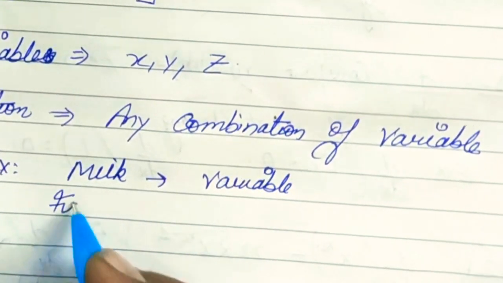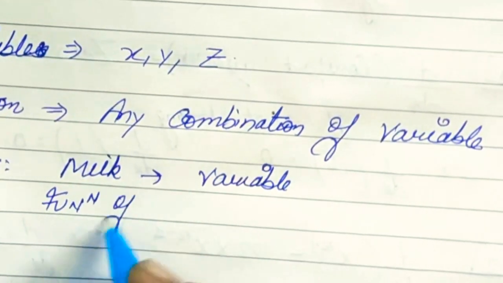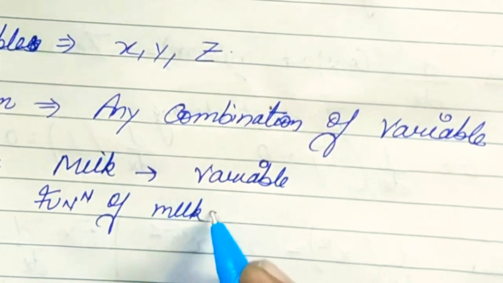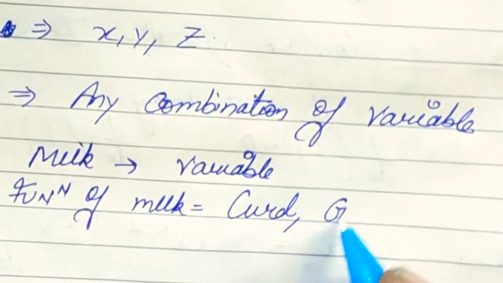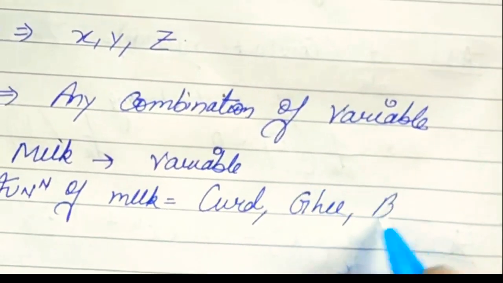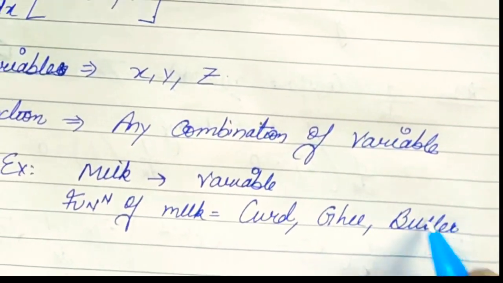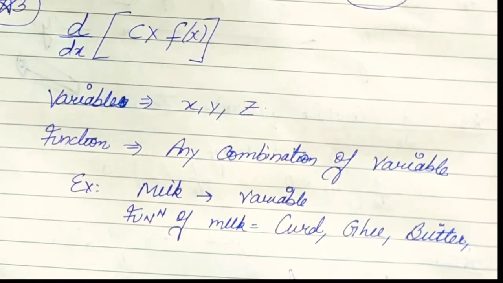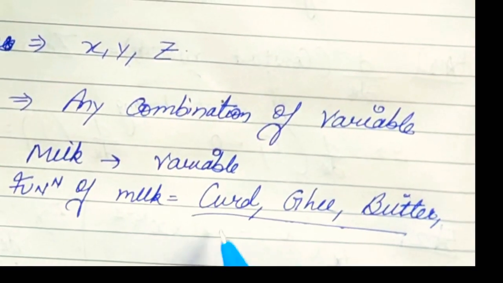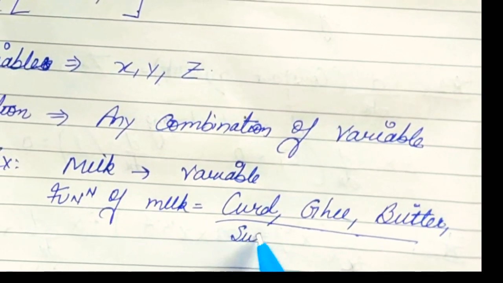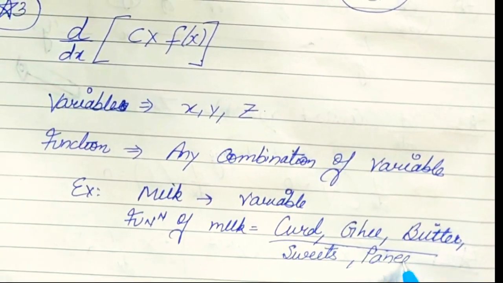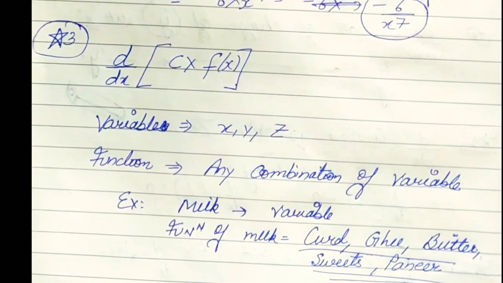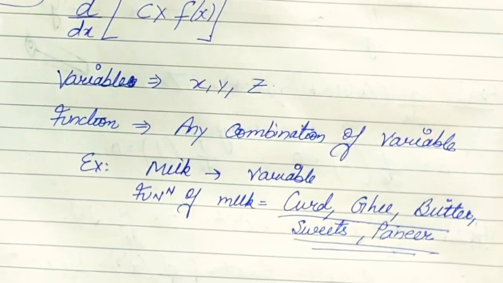Then what can be the function of milk? The function of milk can be curd, or ghee or butter. These are the functions, like sweets, like paneer. As I am a fat guy, this is the best example that I can think of.